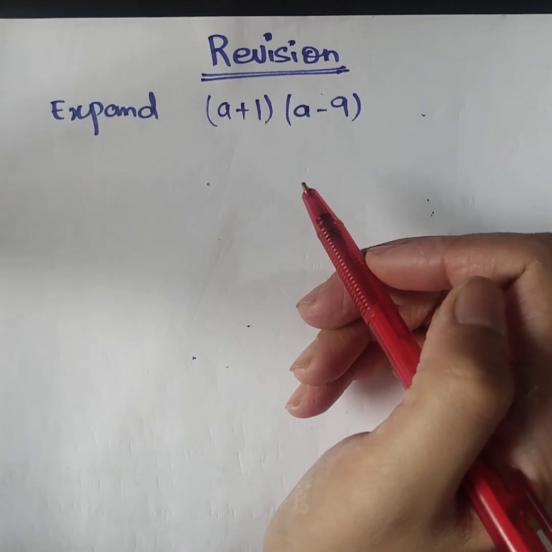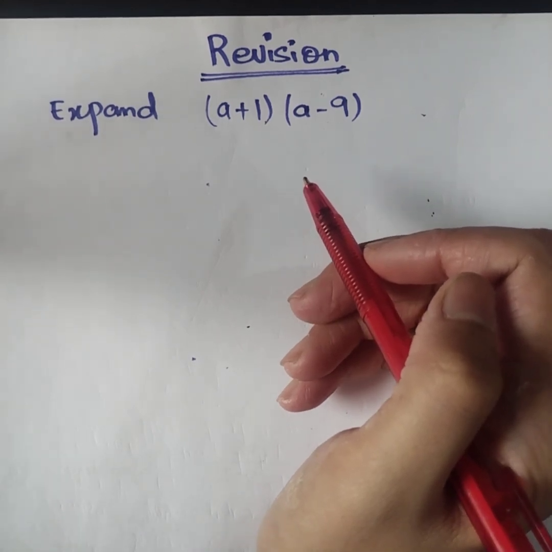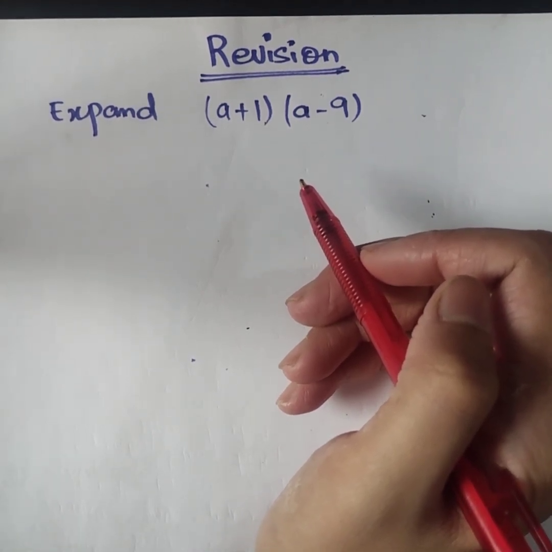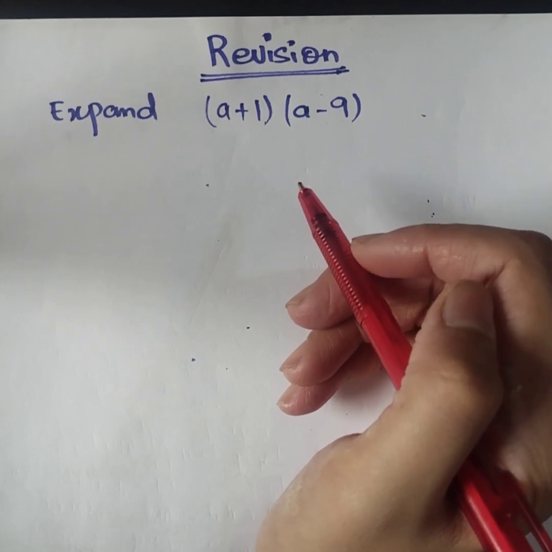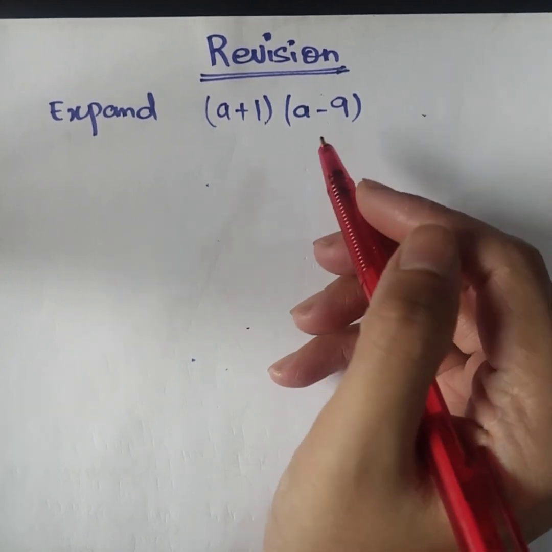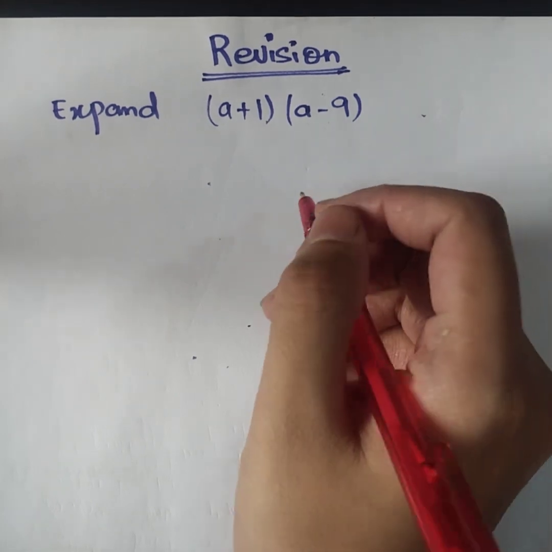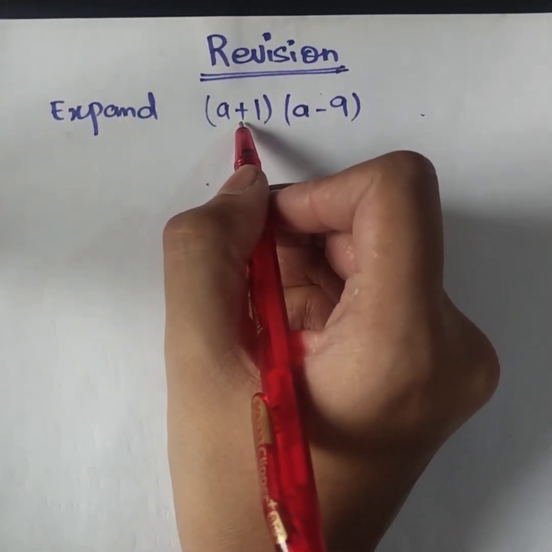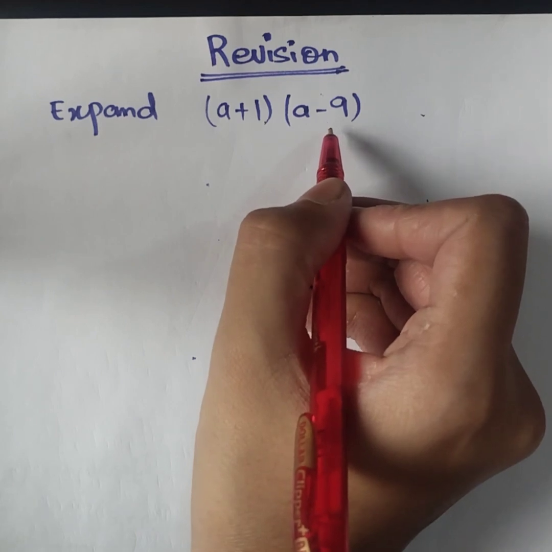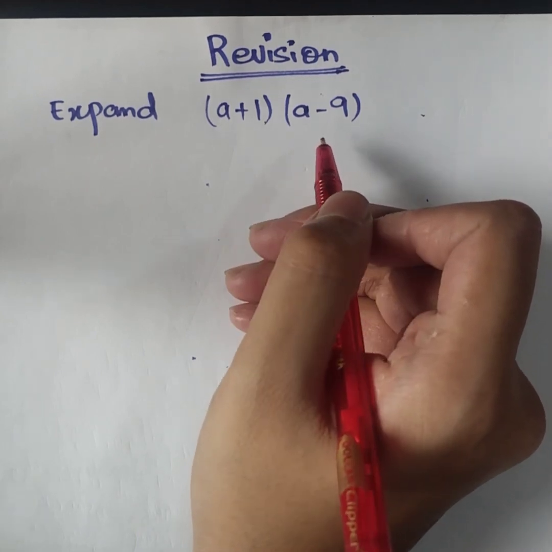So after multiplication, 2 into 2 means you will find 4 terms in your full expression. When you multiply these two terms with these two terms, you will get 4 terms.